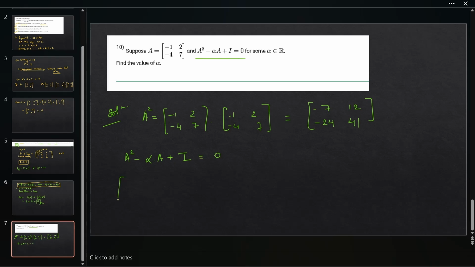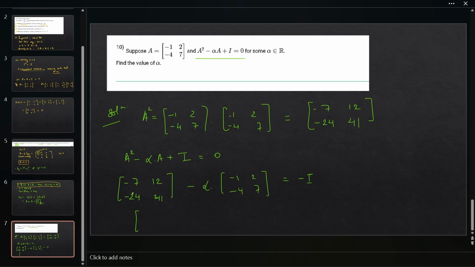If we put the values in the equation, that is minus 7, 12, minus 24, 41, minus alpha times A. So A is minus 1, 2, minus 4, 7, and this is equal to minus I. Right? If we take I to the right hand side, it would be minus I.